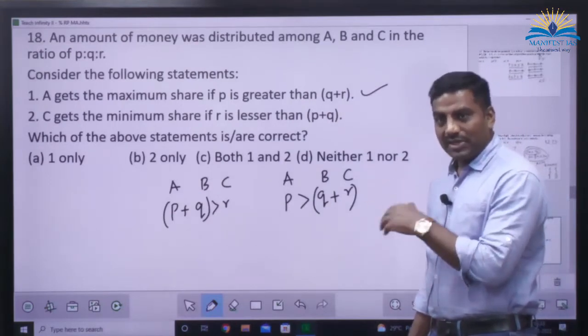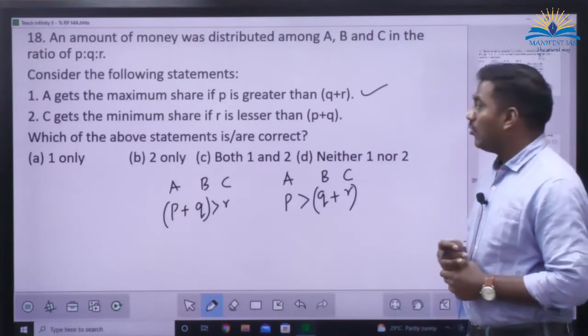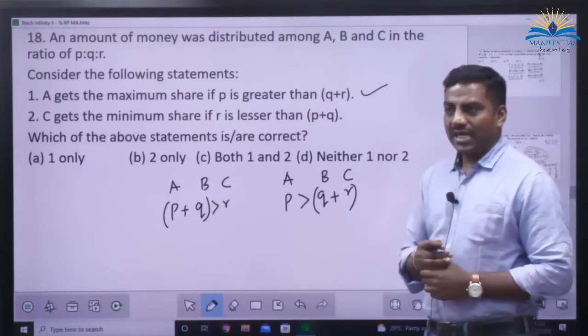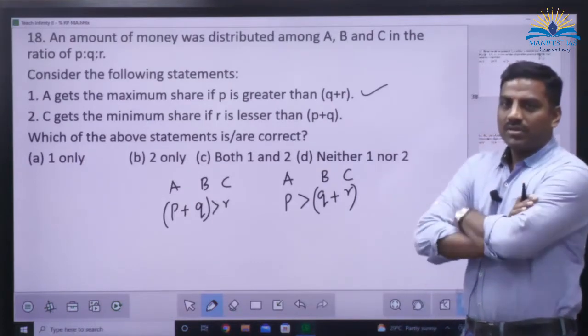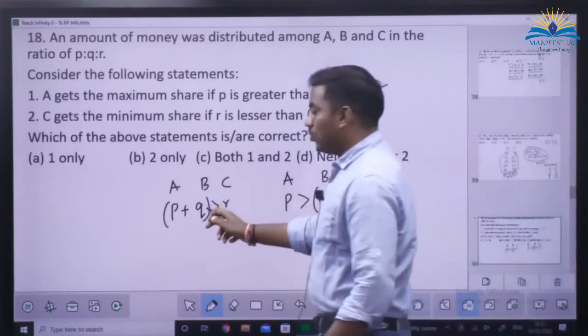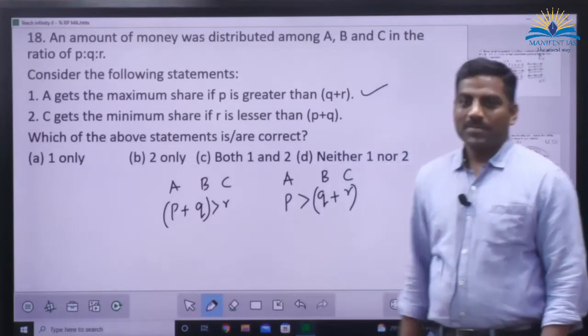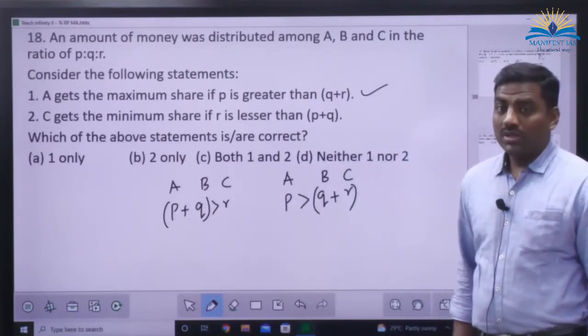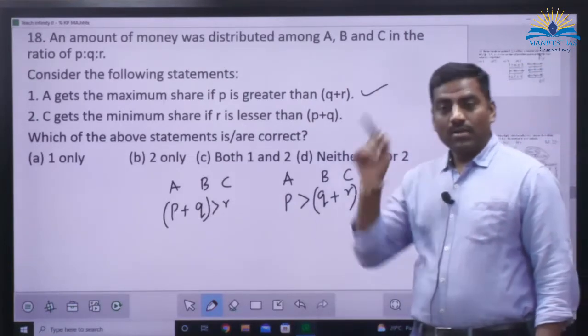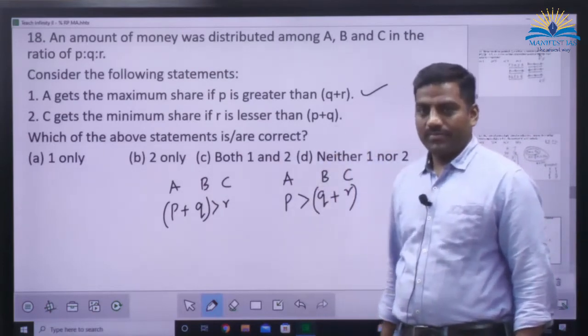Now decide, does C get the minimum share? P plus Q together are getting more than R.